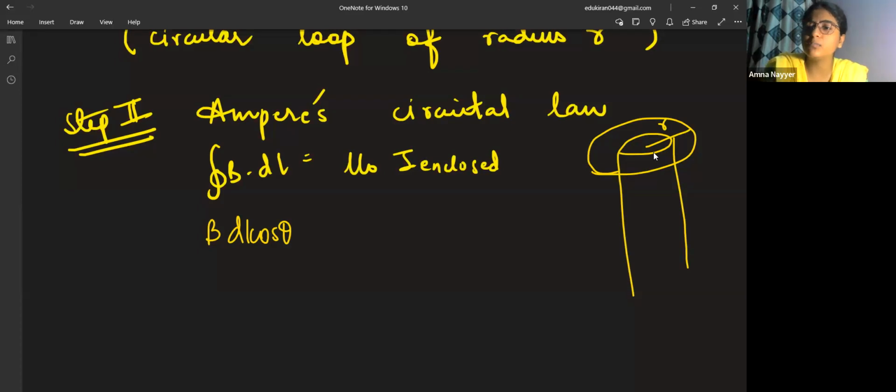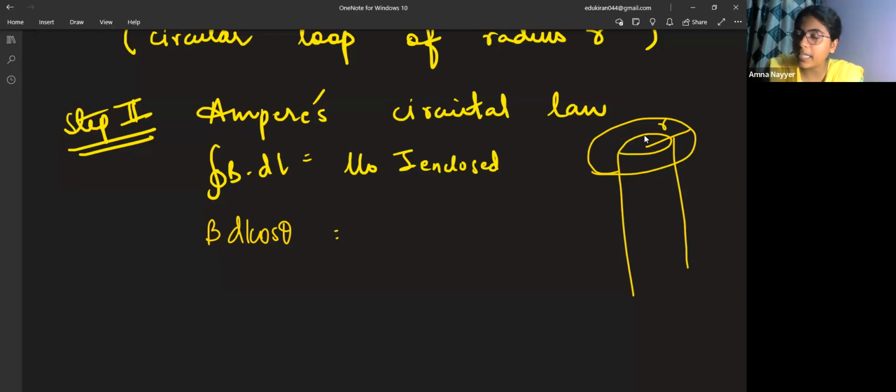As the question comes, it will become more clear what exactly is given. Now B dl cos theta will be written. Here cos 0 degree will become, because the magnetic field and dl right now we are considering, this is the magnetic field.